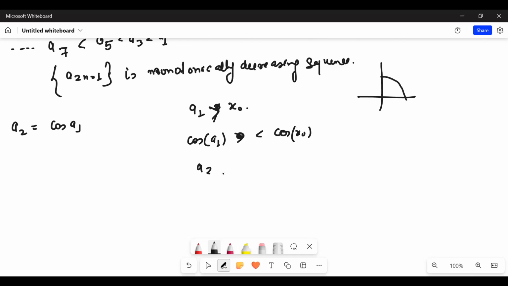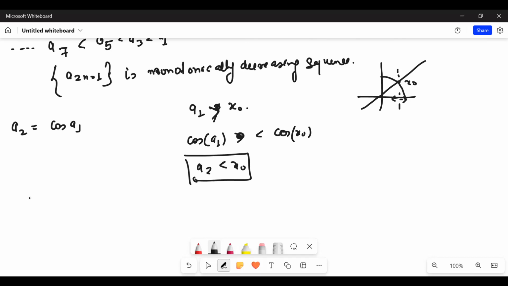So clearly a2 will be less than x naught. So a1 is greater than x naught, but a2 is less than x naught. Let's say this is your x naught. Then a1 would lie somewhere here, greater than x naught, and a2 would lie somewhere here, less than x naught. This is quite evident.